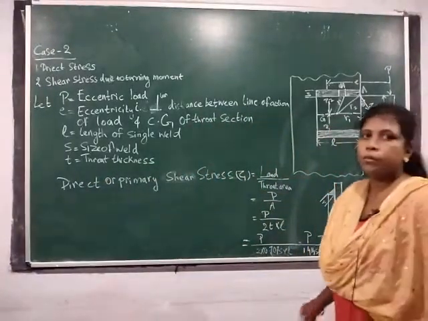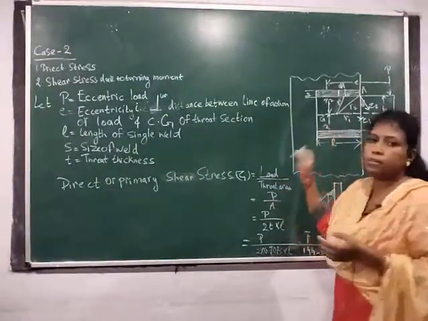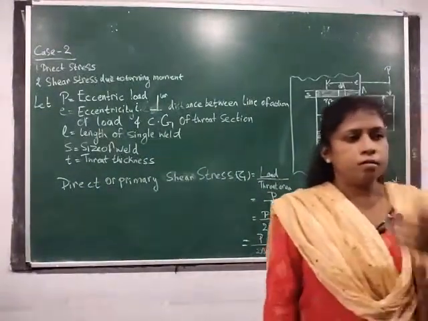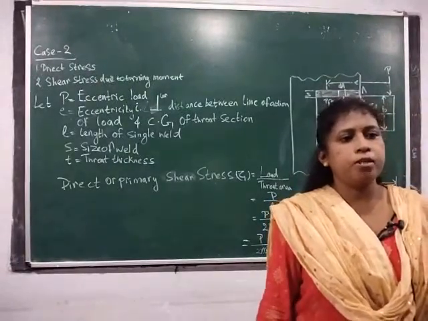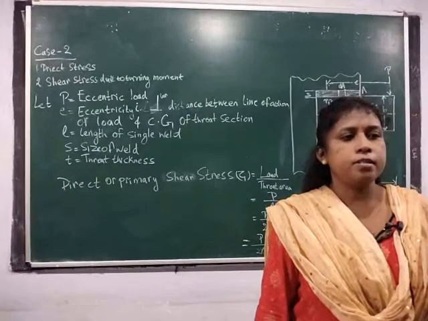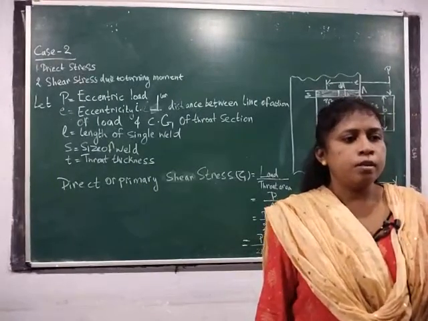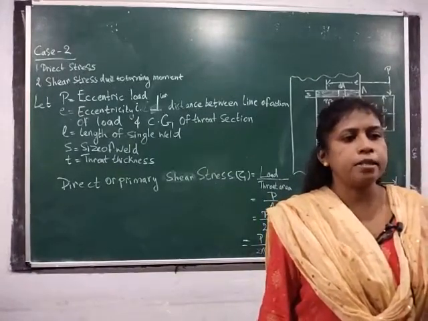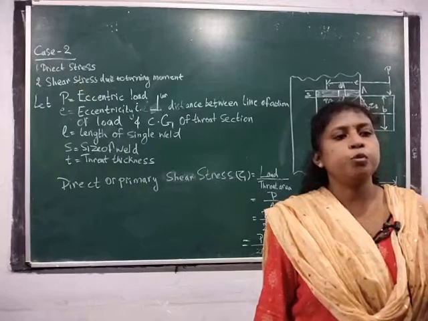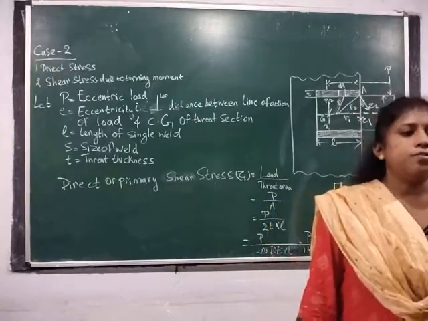Next, here let P1 and P2 be the forces induced at the center of gravity in the system. The effect of P1 is equal to P, as this is a direct stress and it is assumed to be uniform over the entire length of the weld.